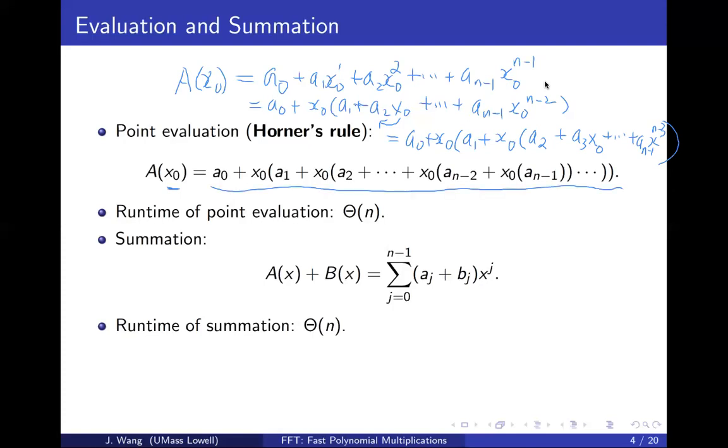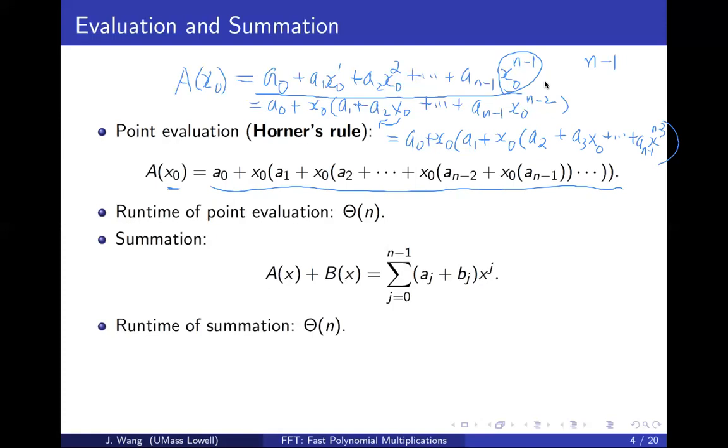All right, the reason we do this is to reduce the number of operations, because if you do this directly, this will take n minus 1 operations, because you multiply x0 for n minus 2 times, right?